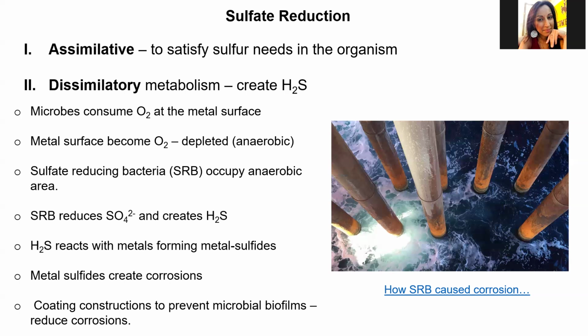They will respire sulfate and make hydrogen sulfide. Hydrogen sulfide can react with metals, usually with iron, and those so-called iron or metal sulfides will cause corrosion of bridges. So that's why metal constructions on bridges are coated to prevent biofilm formation, because that's how they prevent those corrosions. It's one interesting fun fact about sulfate-reducing bacteria.